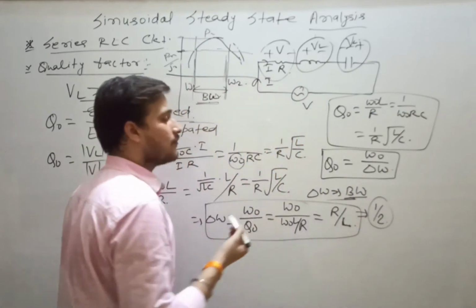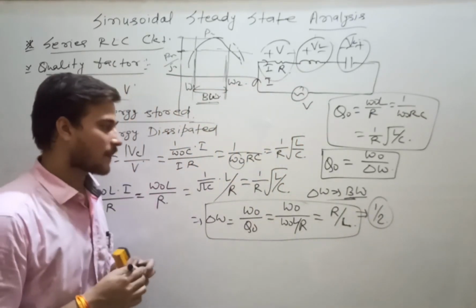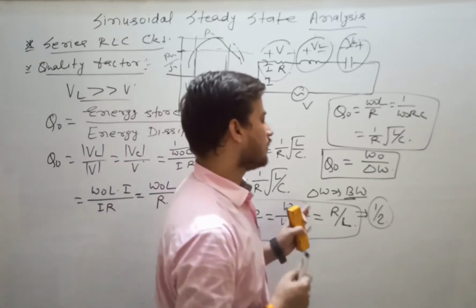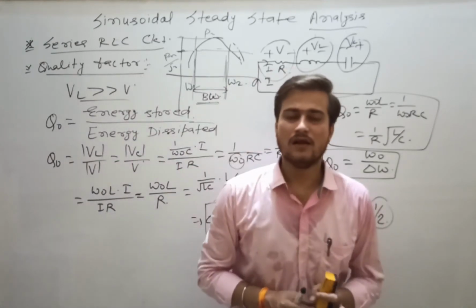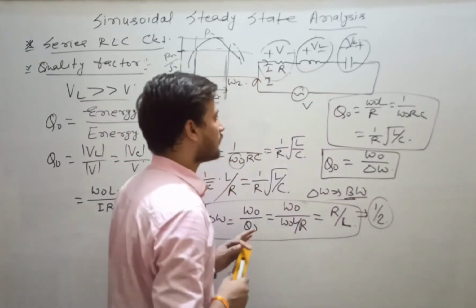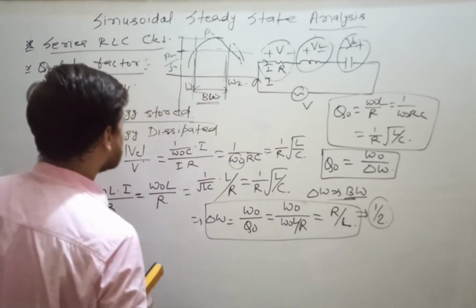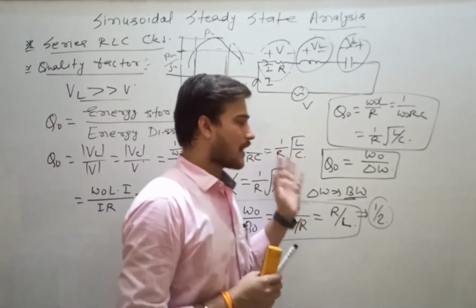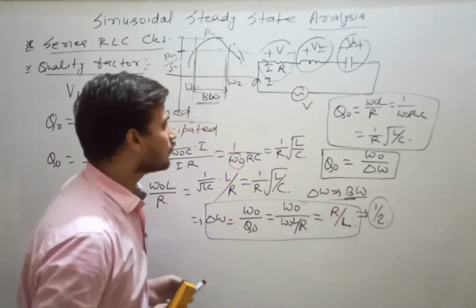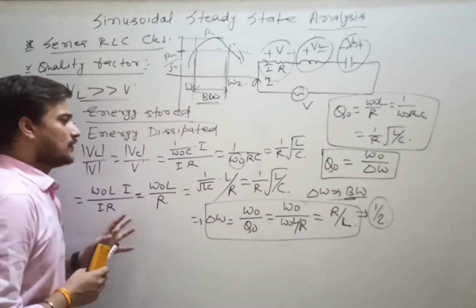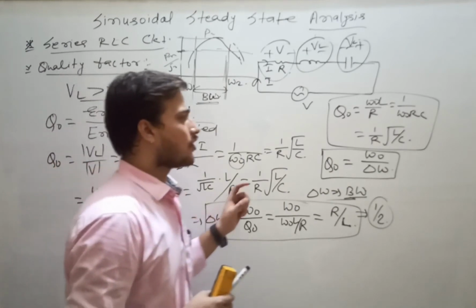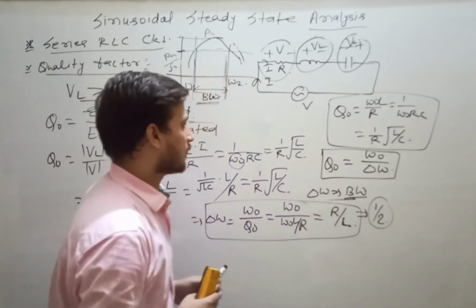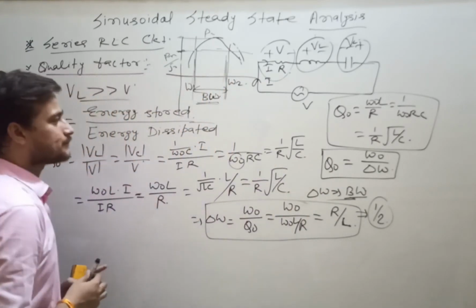The time constant of the RL circuit is L by R. Clear? These are all the relationships you have to practice, so that you can always remember the different relationships of the series resonating circuit.